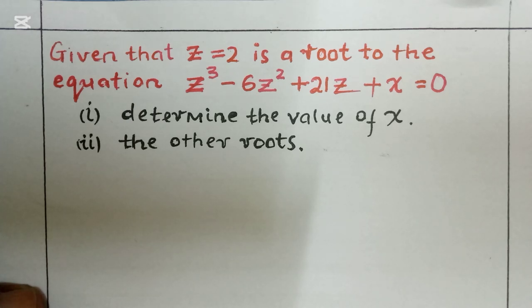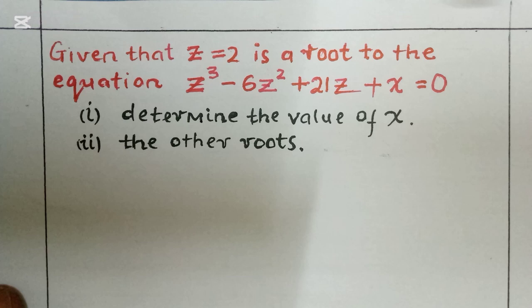Given that z equals 2 is a root to the equation z cubed minus 6z squared plus 21z plus x equals 0. Roman 1. Determine the value of x. Roman 2. The other roots.